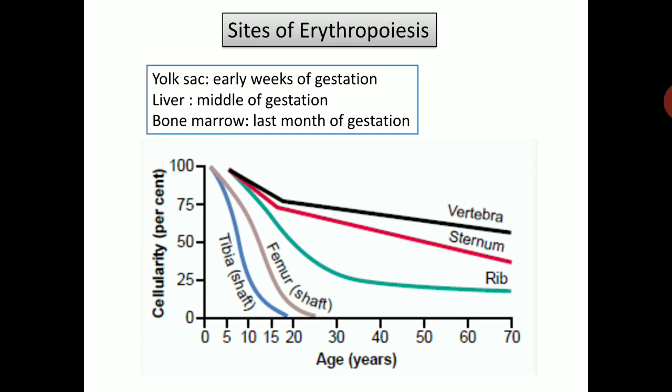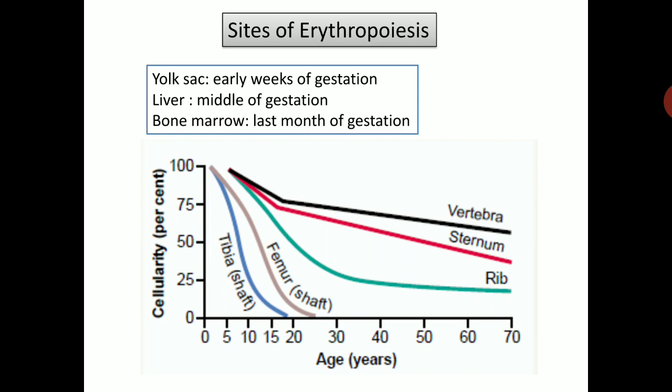So initially erythropoiesis occurs in the yolk sac in the early phase of gestation. When coming to the middle of gestation, the liver is the important site for synthesis of RBCs. Then in the last month of gestation, bone marrow is the important site.